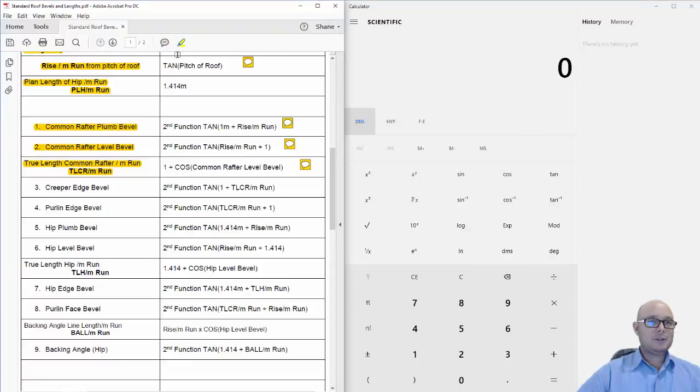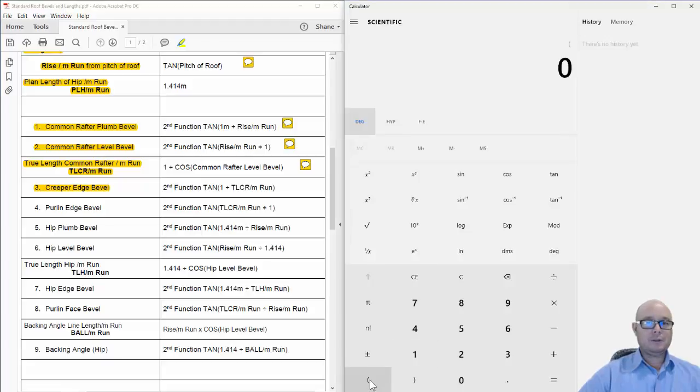Okay, so the next calculation I'll do is for bevel number 3, which is the creeper edge bevel. The formula for that is second function tan, and in brackets 1 divided by the TLCR per metre run, which I worked out just a minute ago. It's 1.155. Again, for this calculator I need to do the brackets first.